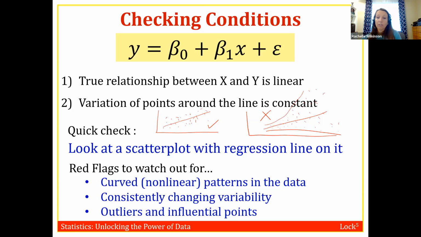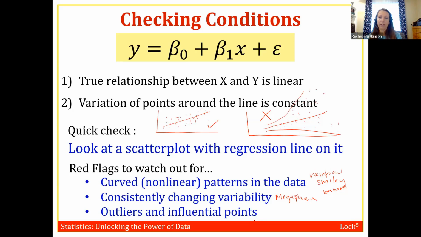When we're talking about a curved or nonlinear pattern, this is where if we see rainbows or smiley faces or bananas, B-A-N-A-N-A, those would all be red flags. And then the consistently changing variability, I think that looks like a megaphone. So a megaphone shape would be bad, indicating that we didn't have constant variation.